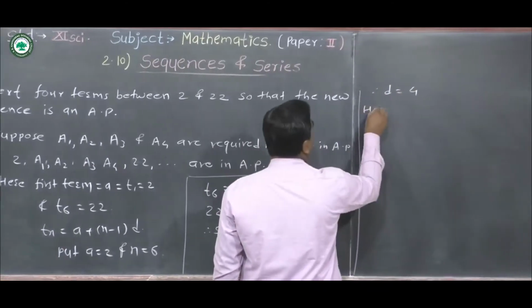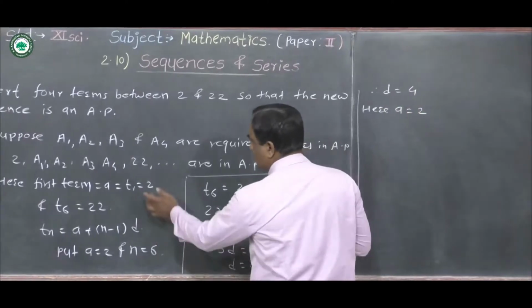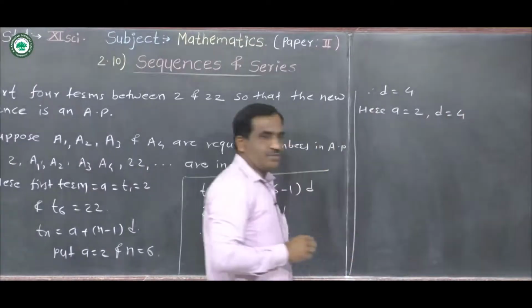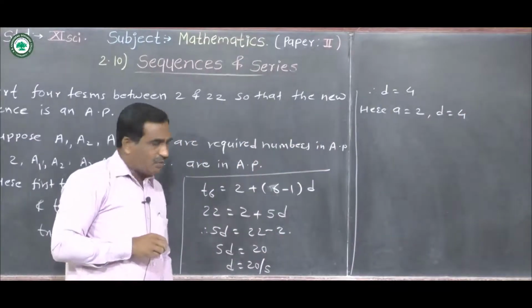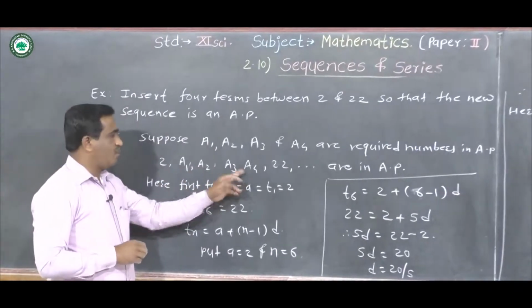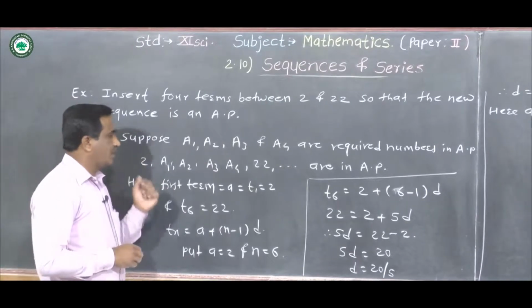Now here a is equal to 2, the first term of the sequence, and d is equal to 4, the common difference of the sequence. Now we have to find the values of a1, a2, a3 and a4. a1 is the second term, the first term is 2.